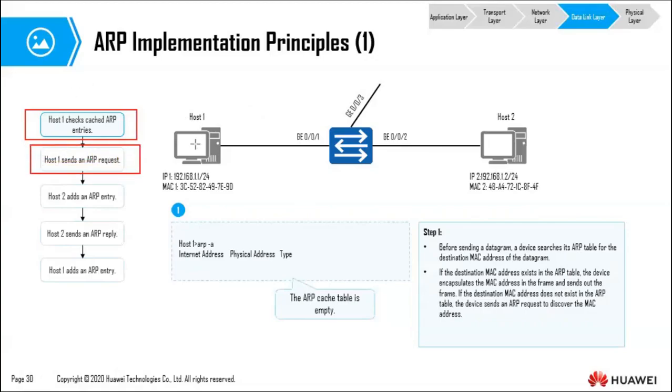If it's not in the cache table, please don't forget, it's called an ARP cache table. Some people call this cache, but it's supposed to be cache, pronounced as cache, like that.